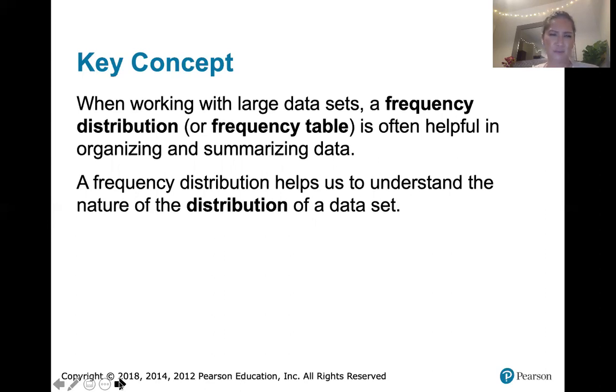The frequency distribution is our first way to start to visualize the nature of the distribution of the data set. So whether or not that data set is approximately normal, which we'll talk about a little bit later, that's a really important quality we'll be able to measure once we know about frequency distributions and can construct them and can interpret them.